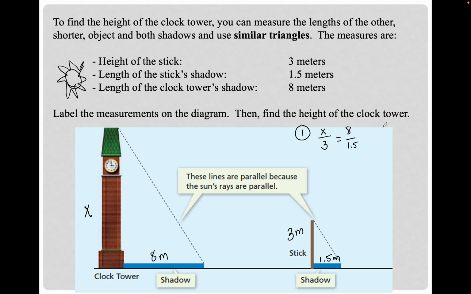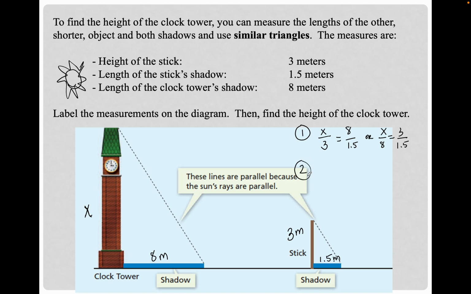Another proportion that would work would be x, the height of the clock tower, over 8, the length of the clock tower shadow, and then 3 over 1.5. So you can look at these one of two ways, x to 3 and 8 to 1.5, or you could say x to 8 and 3 to 1.5. It's the same idea, just a different order of comparison.